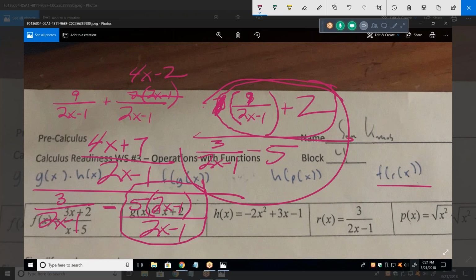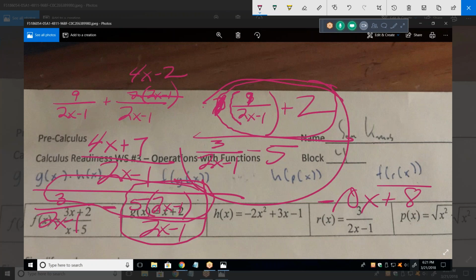So this numerator is going to be minus 10x. I got a minus 5, which becomes a plus 5, plus 3, that becomes plus 8. So that is this numerator right there.